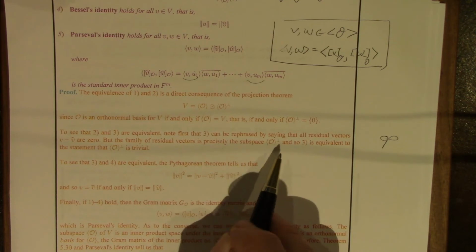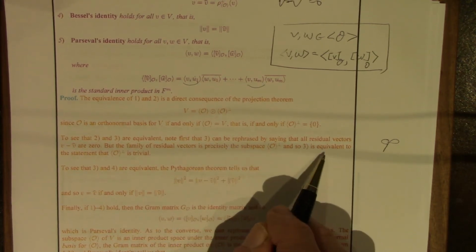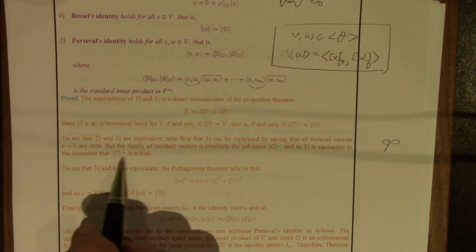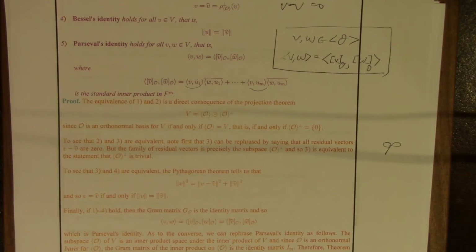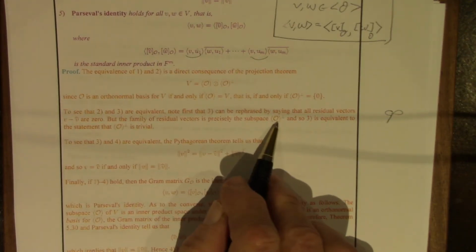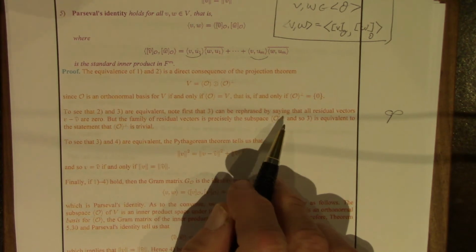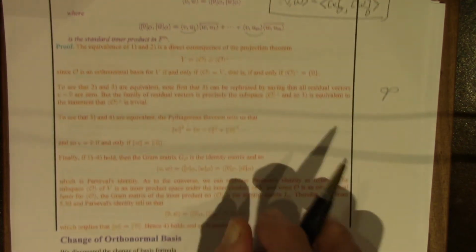Okay. So this rephrasing of 3 is equivalent to the statement that this orthogonal complement is trivial. We know certainly that every residual vector belongs to this orthogonal complement. I shouldn't give it away, so I'll stop there.